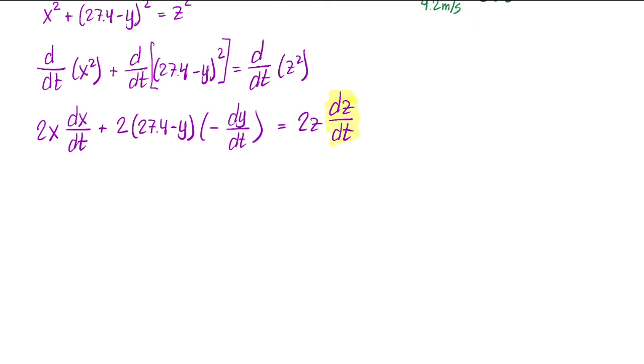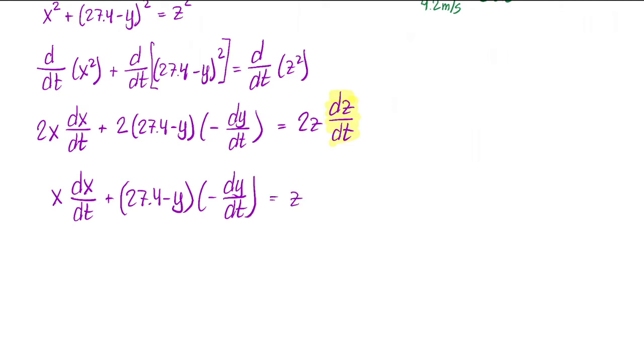So we're going to divide everything by 2, and we're going to get x times dx dt plus 27.4 minus y times negative dy dt equals z times dz dt. So here what we did, we divided both sides by 2 just to simplify it a little bit.